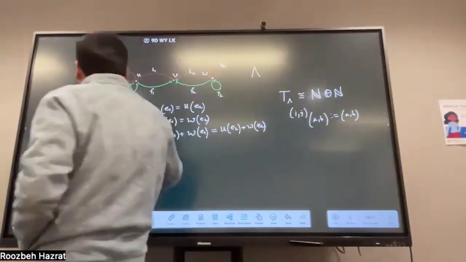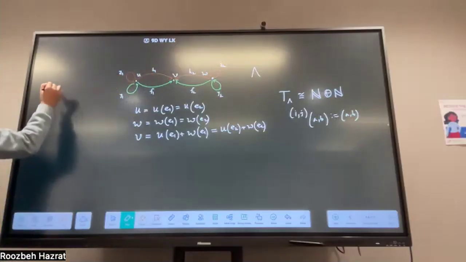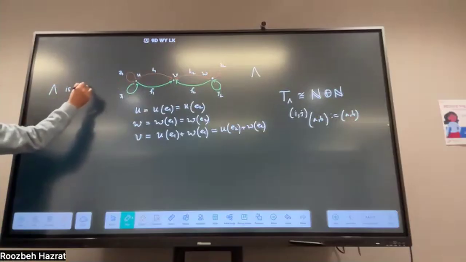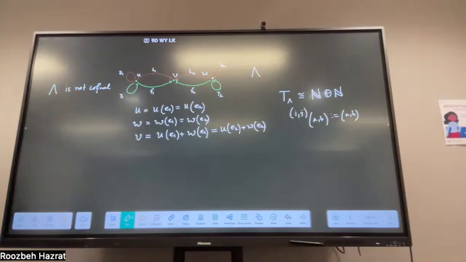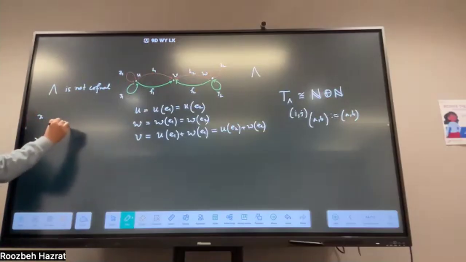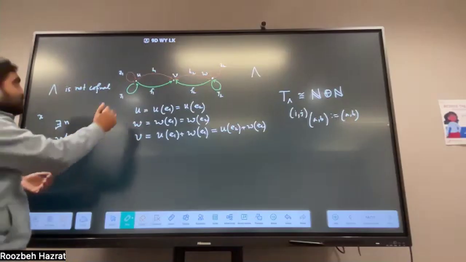But if you just talk about this 2-graph and look at its geometry, you can observe that lambda is not cofinal, right? How am I telling that? Because remember the definition of cofinality. If you have any infinite path x and any vertex v, then there should exist some n such that v lambda x(n) should be non-empty, right? But here you can take this infinite path.